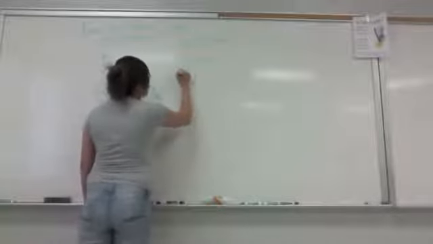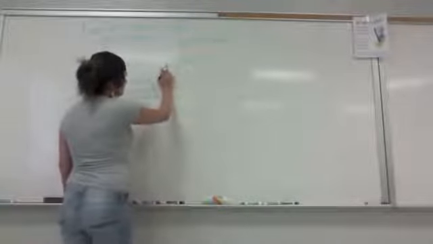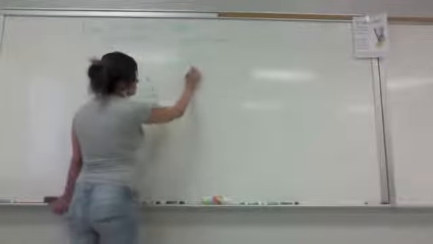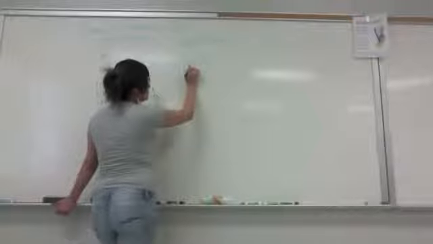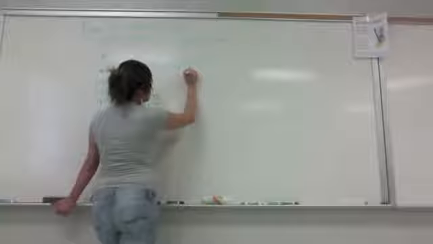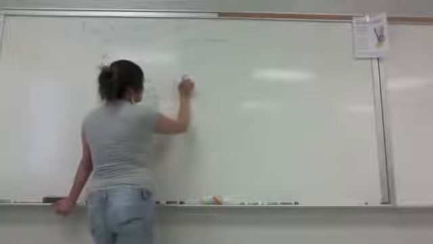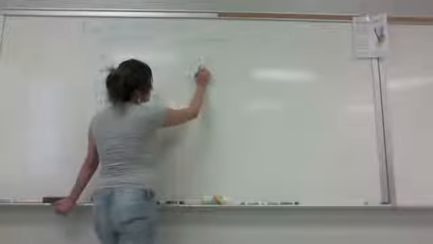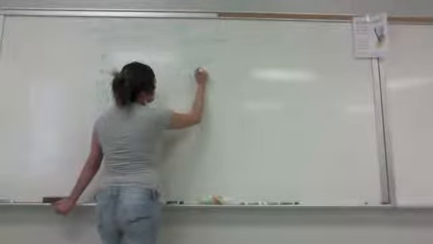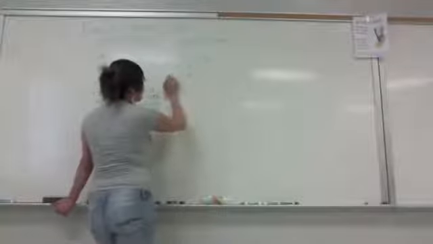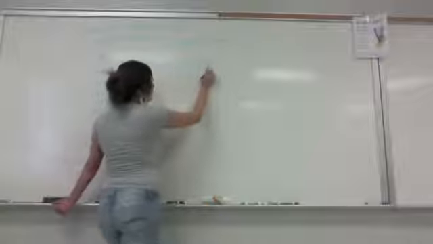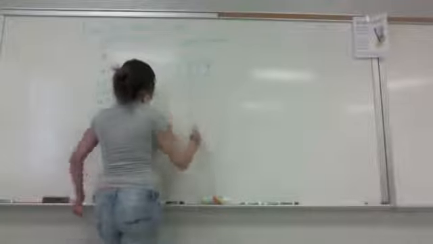Then we're going to bring the 1 down, then multiply negative 2 and the bottom number, which gives us negative 2. Then we add these two, and whatever it equals, we put under it. So this is going to be negative 1. Then negative 2 times negative 1 is 2. Then we add these two, which is 1. Then negative 2 times 1 is negative 2, and negative 2 plus 2 equals 0.